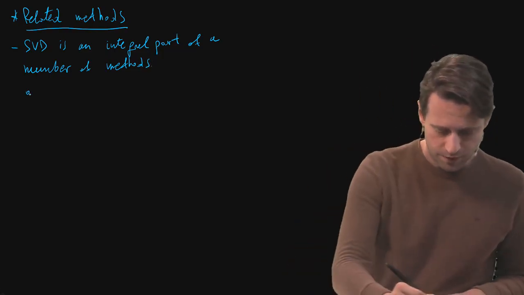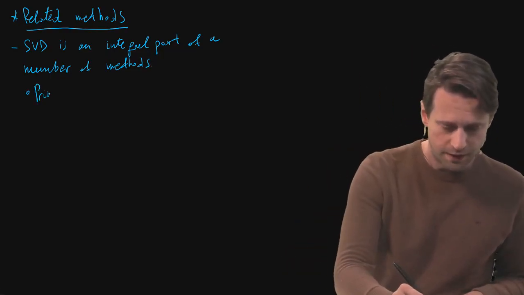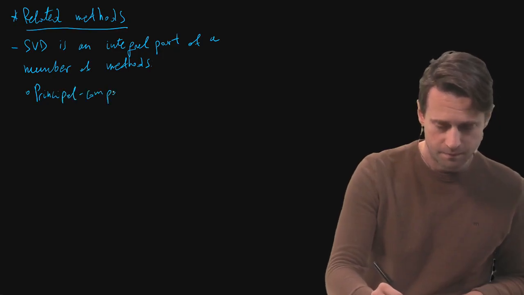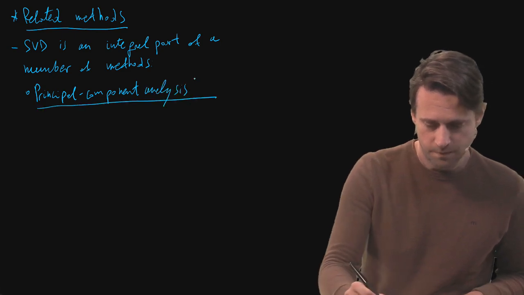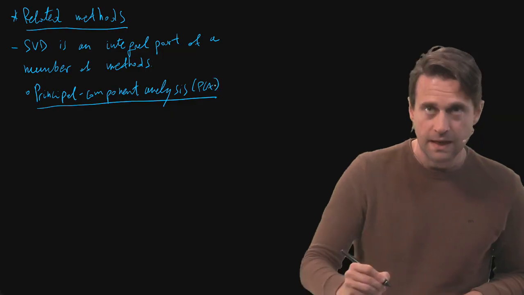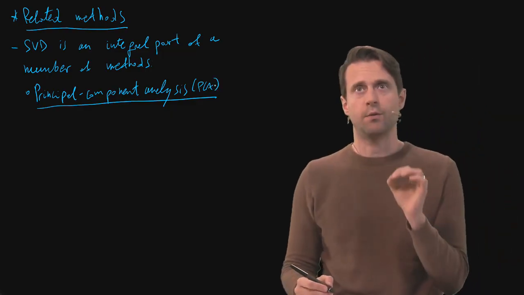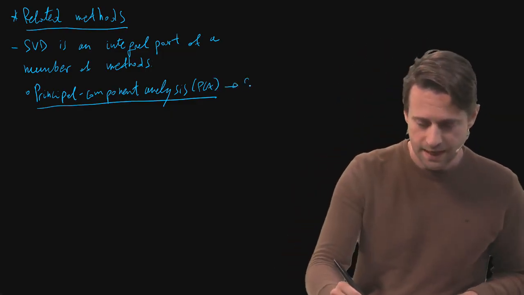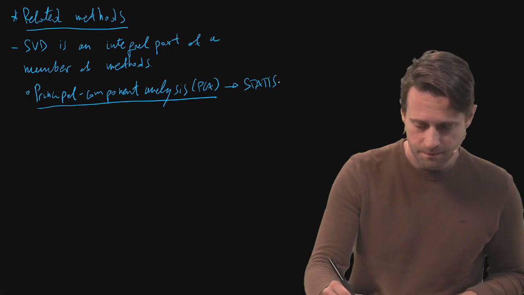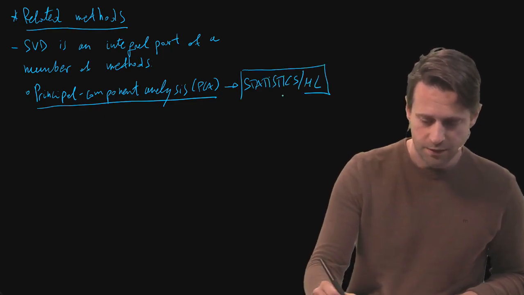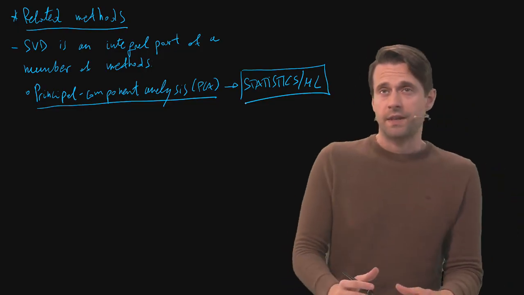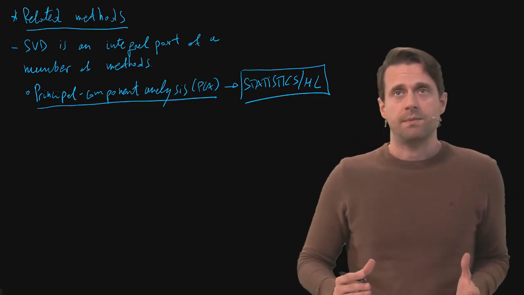For example, we are talking about the principal component analysis, also called PCA. And this is a method that is very, very widely used in statistics and machine learning. In general, these methods are actually quite similar. They share the foundation, which is the SVD.